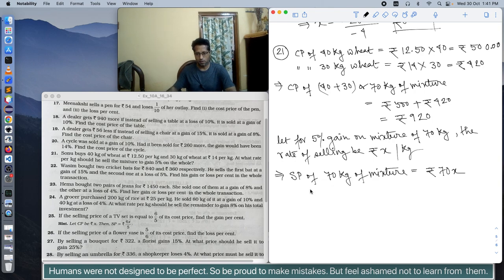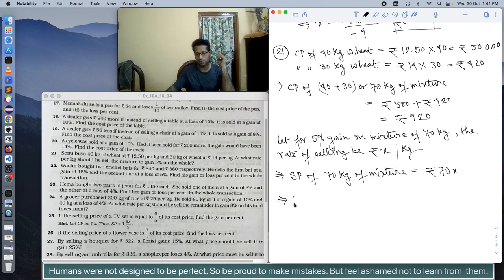Now there is a gain of 5%. So this implies that, assuming that the rate of selling of the mixture is rupees X per kg, the selling price is coming to be rupees 70x, and the cost price of the mixture we already know is rupees 920.